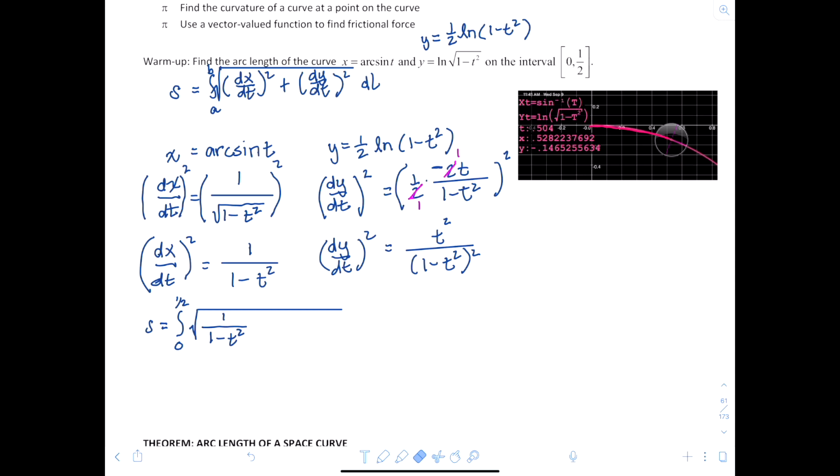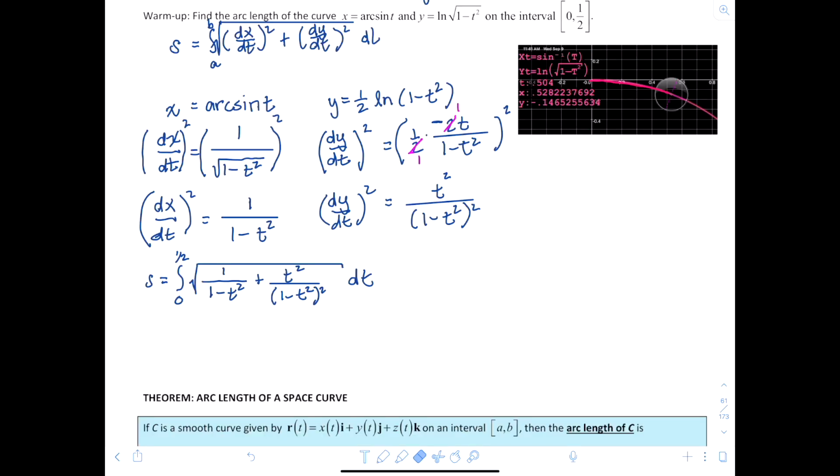But when you square it, the negative goes away. So we'll have plus t squared over 1 minus t squared, the quantity squared, and that is with respect to t.